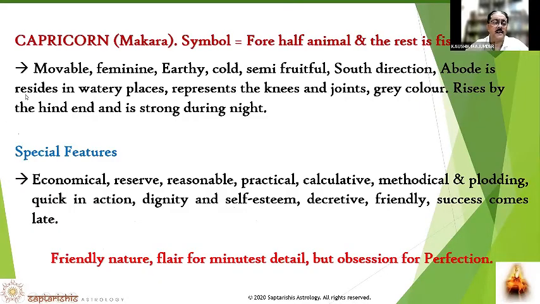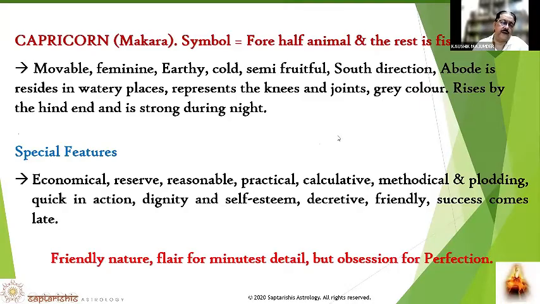Abode resides in watery places. Now, I remember Sunil sir was showing that slope, what are the watery signs, Cancer, Scorpio, and Pisces, and also in one slope, Capricorn has been included. So the abode of Capricorn is the watery places. Represents the knees and joints, grey color, rises by the hind end, and is strong during night.